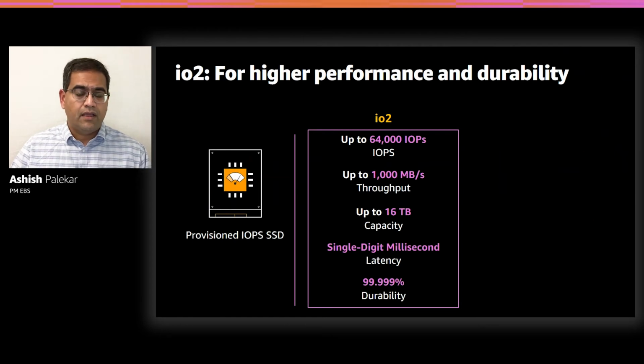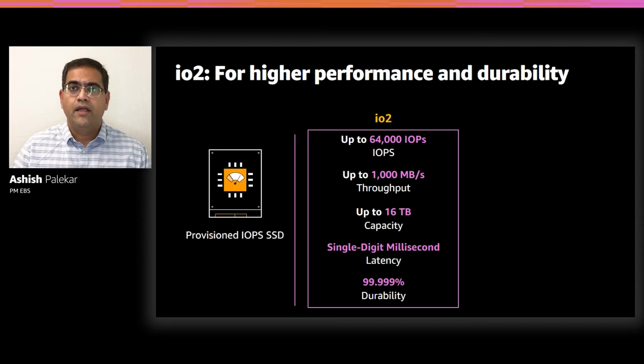But a couple of key things that customers love about IO2 are its 5 nines of durability and getting 500 IOPS to 1 GB. To put this in perspective, the durability of IO2 is 100x better than IO1, and the IOPS per GB, which is 500, is 10x better than IO1, all at the same price as IO1.